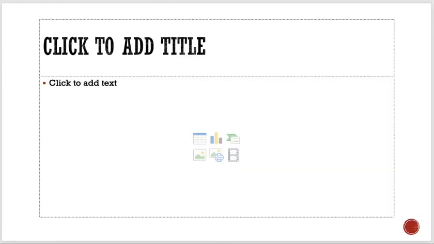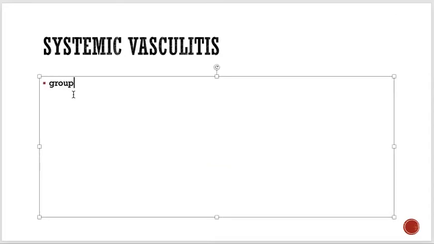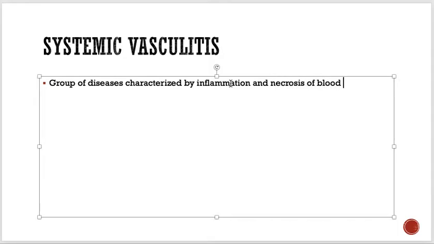So, by definition, systemic vasculitis: these are a group of disorders or diseases characterized by inflammation and necrosis of blood vessel walls.